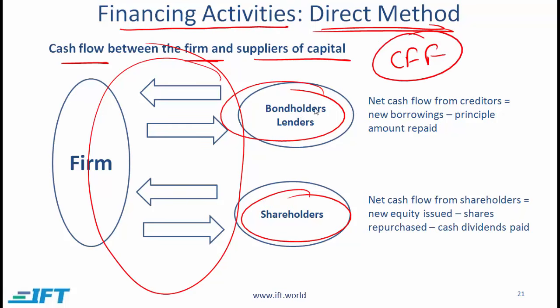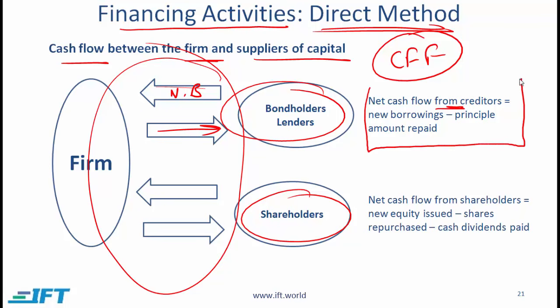If you look at the lender side, the net cash flow from creditors is equal to the net borrowing. So in a given period, this would be the net borrowing. This is how much money the firm is getting from the lenders, minus the principal amounts repaid. And these are the principal amounts repaid.